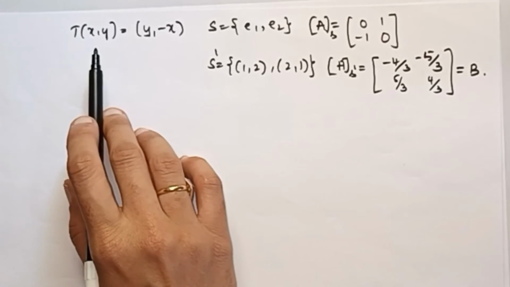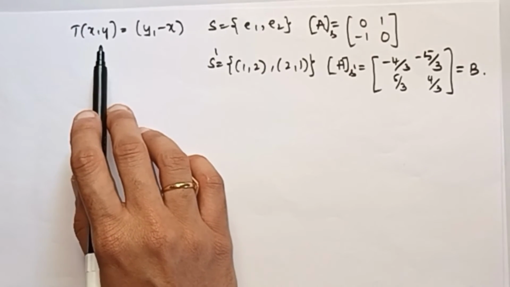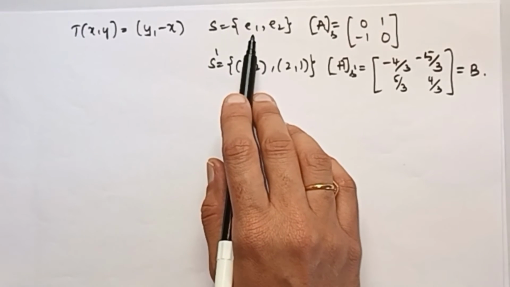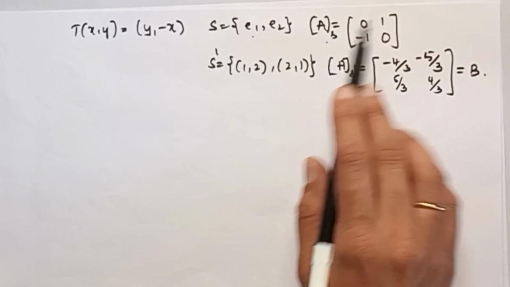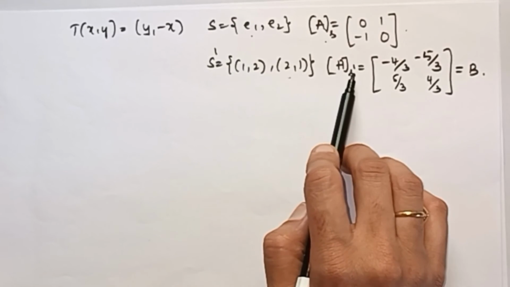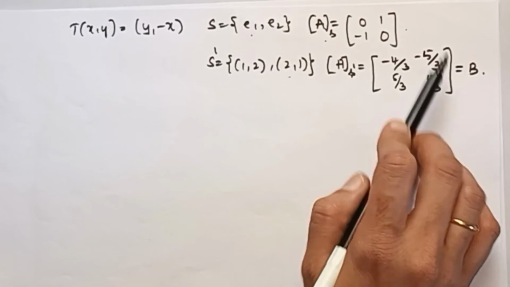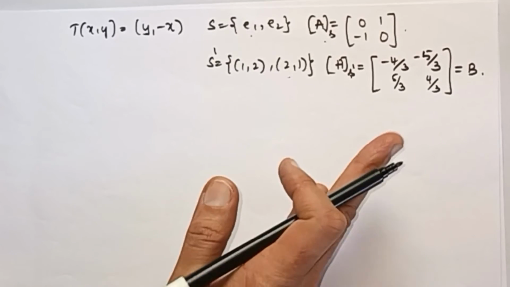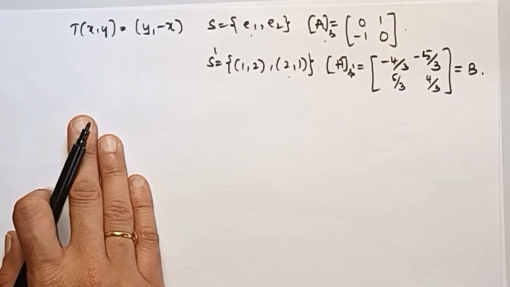So consider this transformation: rotating a plane by 90 degrees clockwise. With respect to the standard basis, the matrix of this transformation is this, and with respect to any other basis S dash, this basis, the matrix of the transformation is this. Now, why is this matrix of change of basis necessary?